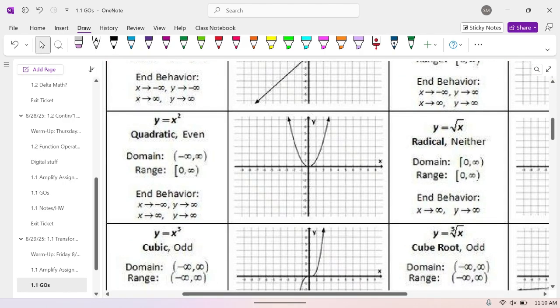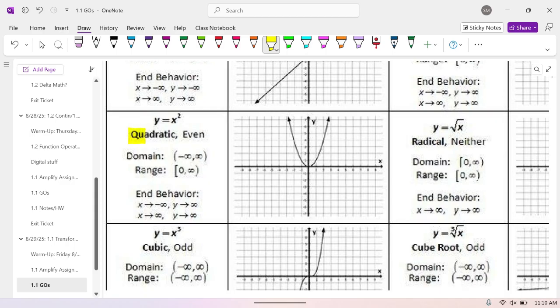Now, you should also be aware of this one as well. The graphs of parabolas, so quadratic. You guys did a lot with this in Math 2, a little bit in Math 1. With quadratic, its parent form is simply y equals x squared.